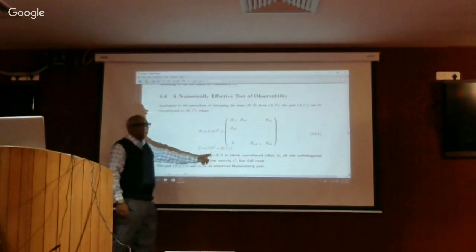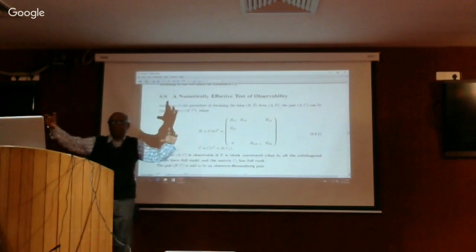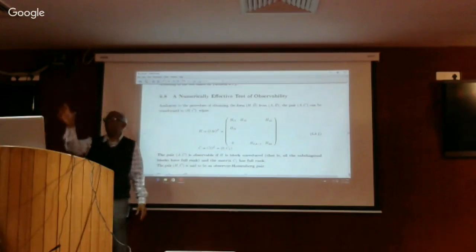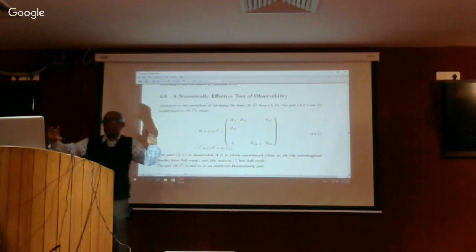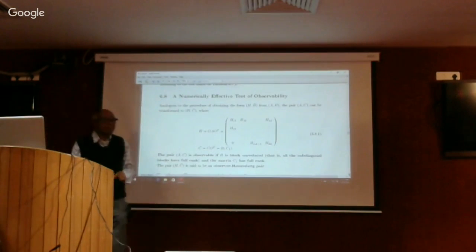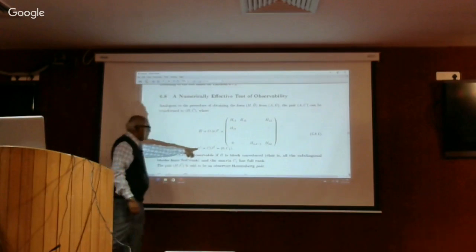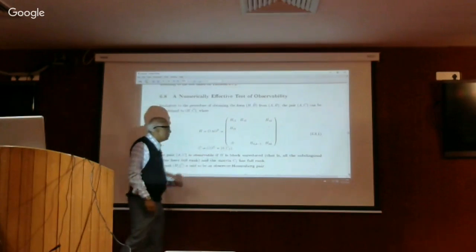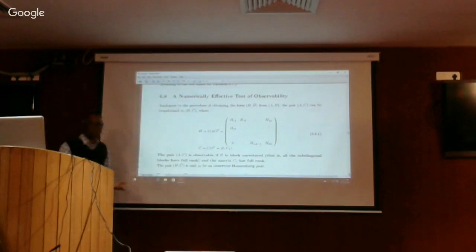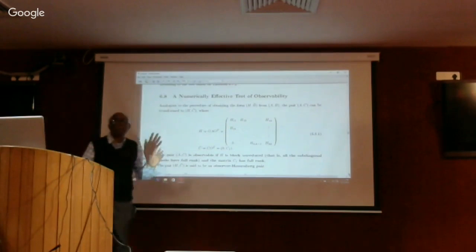Here C is a matrix of this type. B was long and thin, and C is the other way, so C prime will be of this form. The same test: the pair will be observable if H is block unreduced, that means all the sub-diagonal blocks have full rank, and this matrix C1 has full rank.